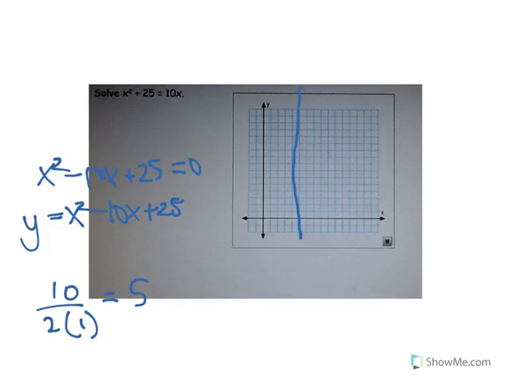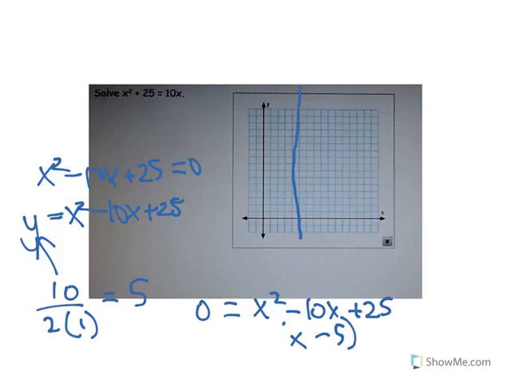So now I have to figure out what the actual solution is when y is equal to 0. So let's do that. 0 is equal to x squared minus 10x plus 25. And so it's going to be x minus 5 squared.